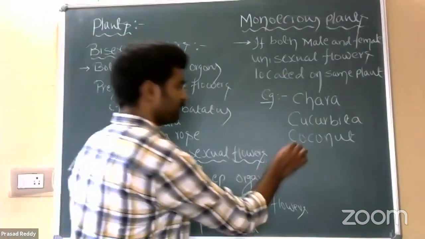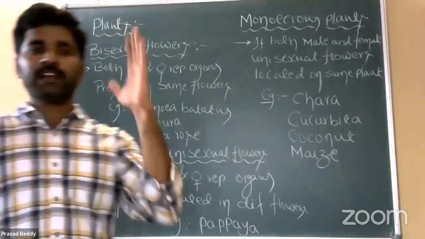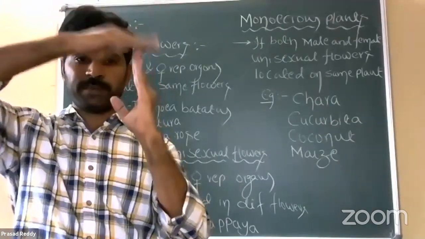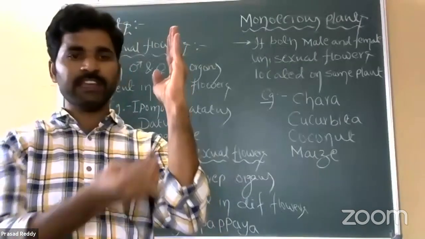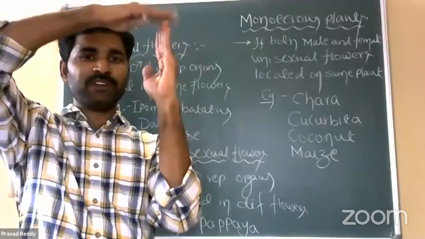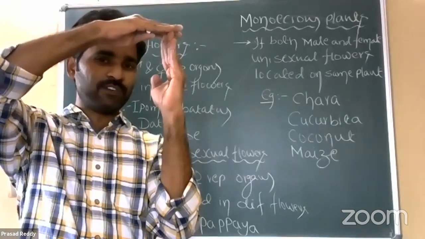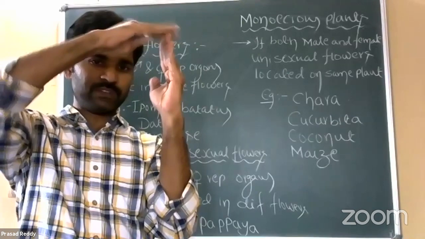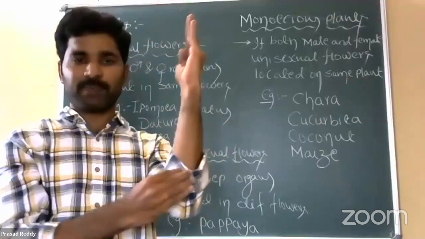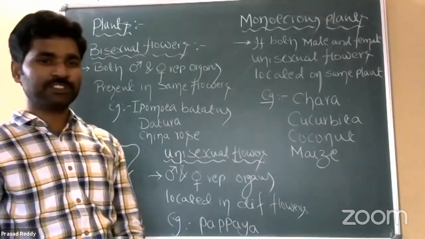A well-known example is maize. In a corn plant, male inflorescence is located at the tip and female inflorescence is located at the base. Male flowers are different, female flowers are different: unisexual male flowers and unisexual female flowers. They are arranged at different locations on the same plant, so it is also an example of a monoecious plant.